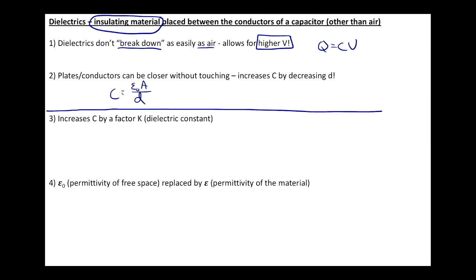By putting them closer together, I get a stronger repulsive effect on the second plate, which allows the capacitive effect to occur better. If I spread the plates far out, it's like, well, who cares if there's charge on one plate? It has nothing to do with the second plate because it's too far away. Putting them closer together increases the capacitance by increasing the repulsive effect. So if you think about it, it would be really nice maybe if I could just take air and leave it in between and build a capacitor.